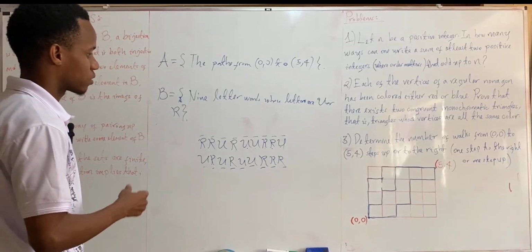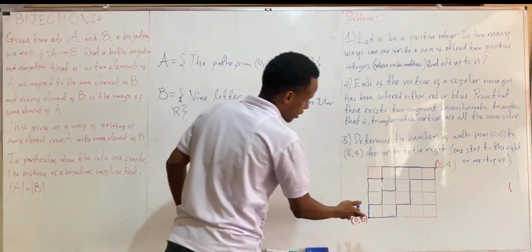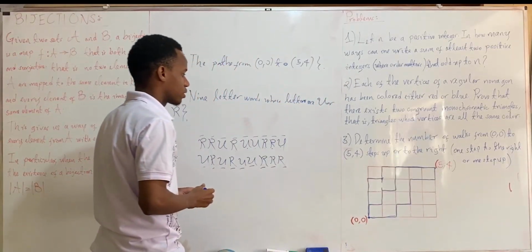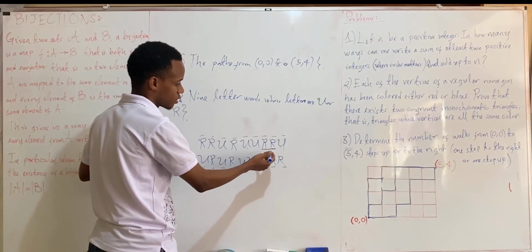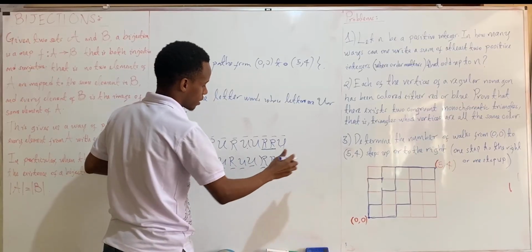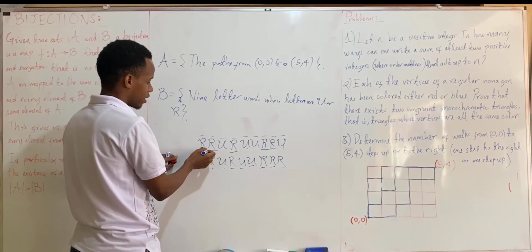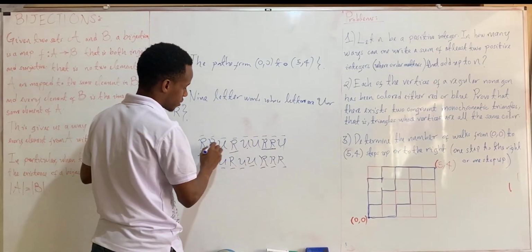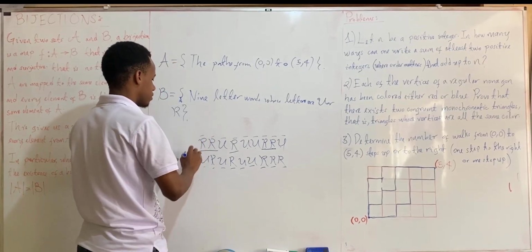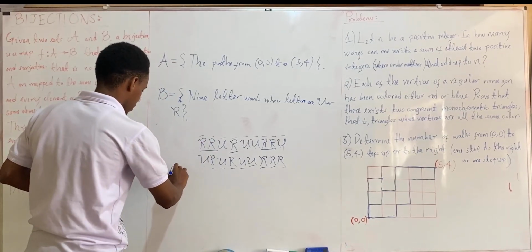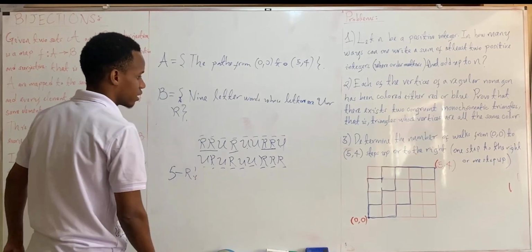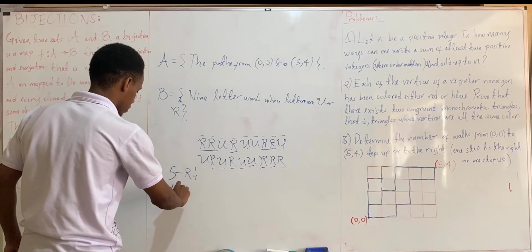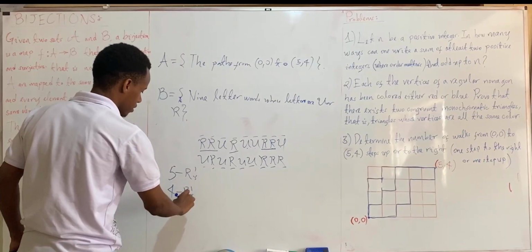So at this point you can try a number of other paths, and what you will notice is that whenever you describe this word using those paths, you always find that if you count the number of R's, you always have 5 R's, and you always have 4 U's.